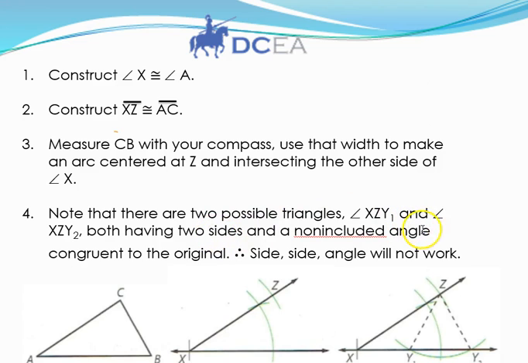Having two options like this makes this construction not a proof of the theory. So side-side-angle will not work. Now I mentioned this in a previous lesson that we will not be using SSA in our high school geometry, and this is one of the reasons why.